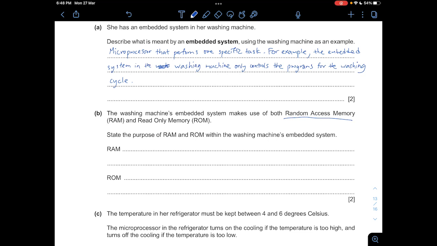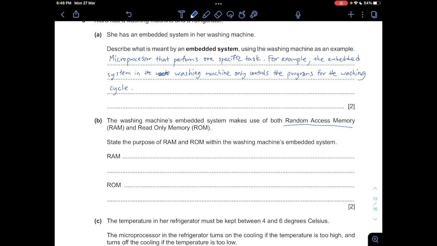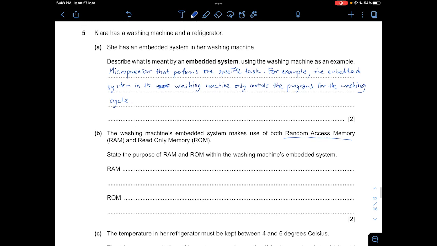So for the washing machine itself, what does the RAM do? The RAM stores the, you can put examples. Like, let's say you want to wash your clothes for a certain number of minutes. So the RAM stores the time left in the program. So how long the washing machine still needs to wash your clothes.